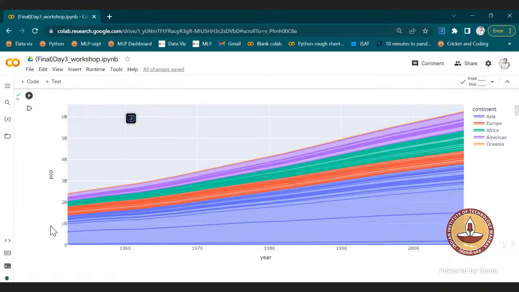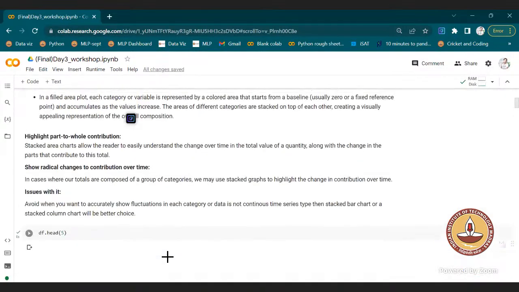The continuous variable would be, for example, time series data on your x-axis, and on the y-axis it will basically be the categorical data. So when do you need this thing?